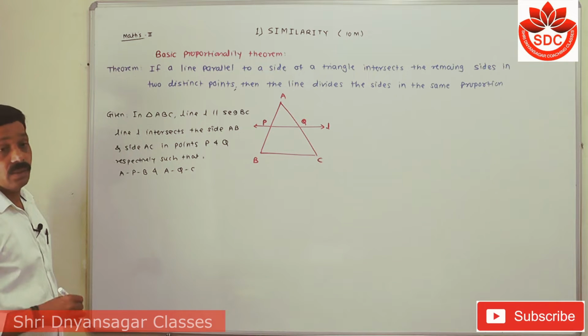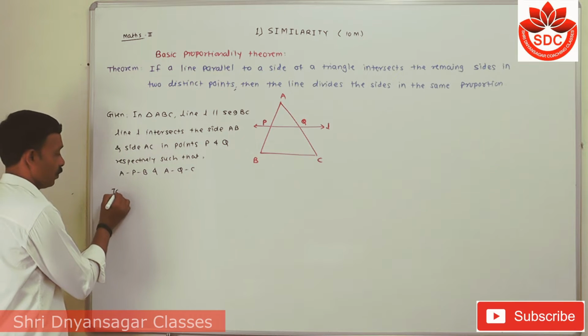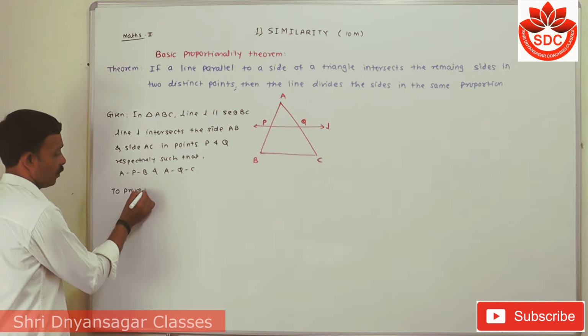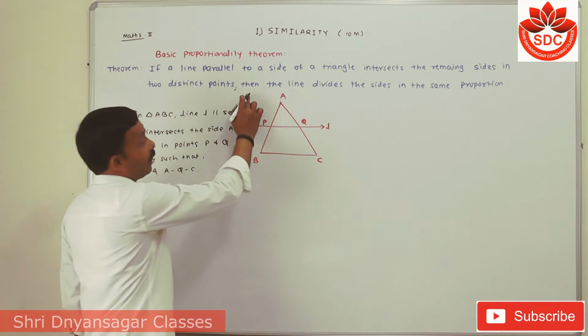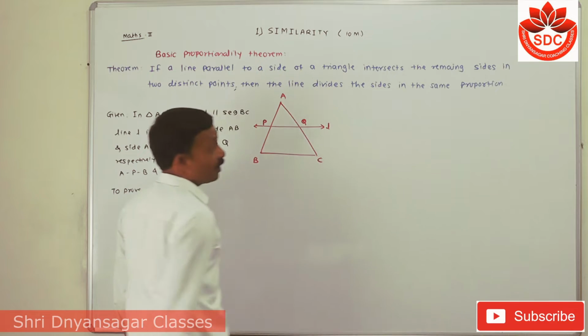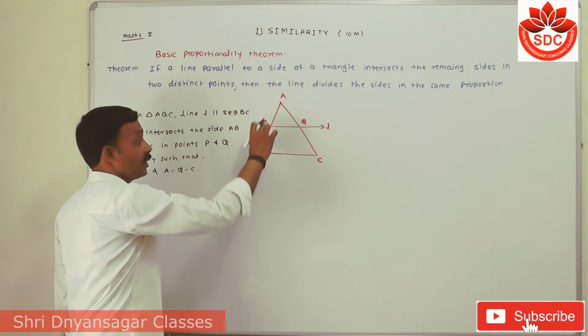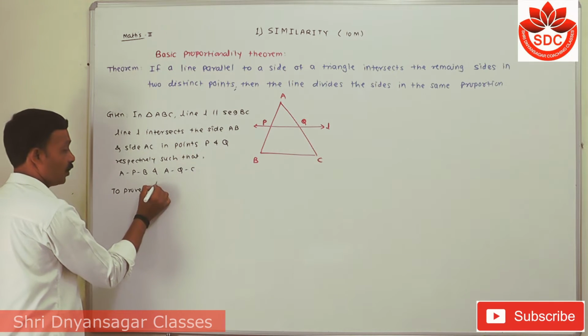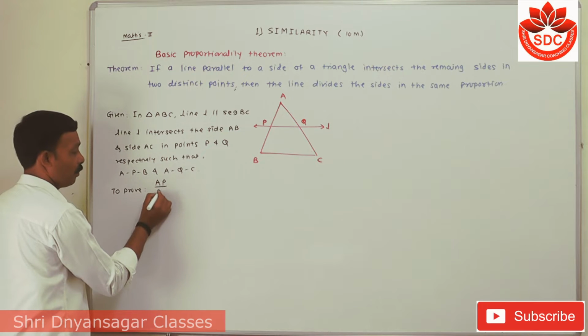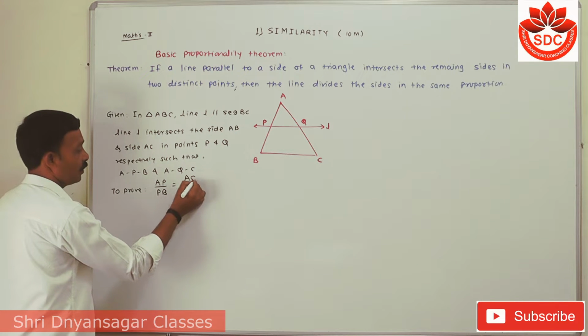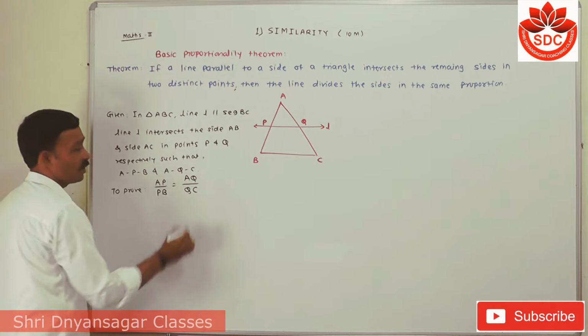Okay, then to prove: the line divides the sides in the same proportion, meaning these proportions are equal. We have to show here AP upon PB is equal to AQ upon QC.